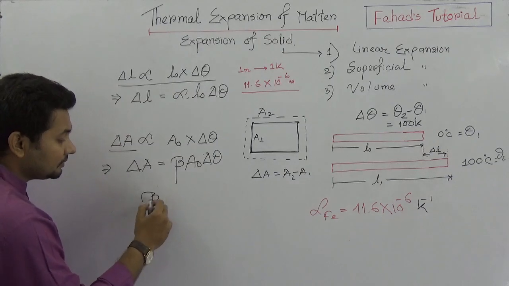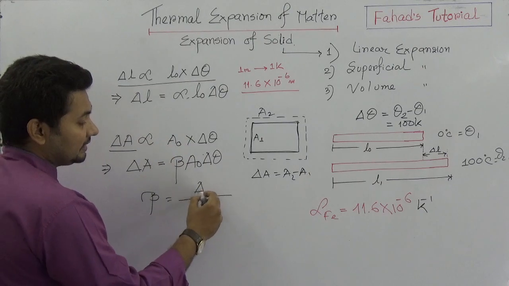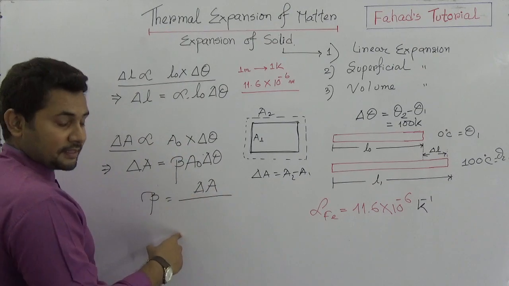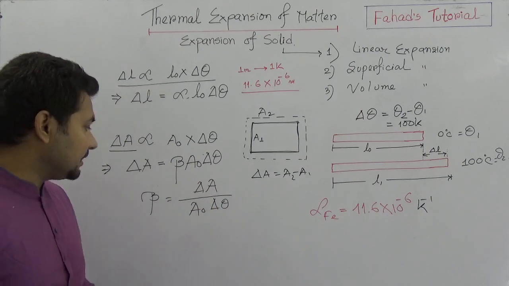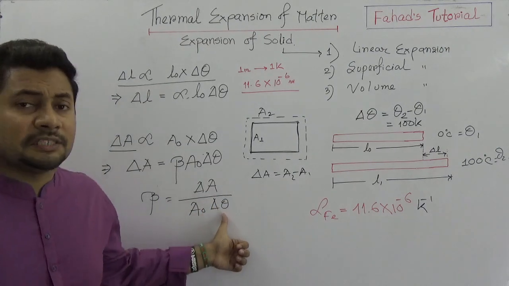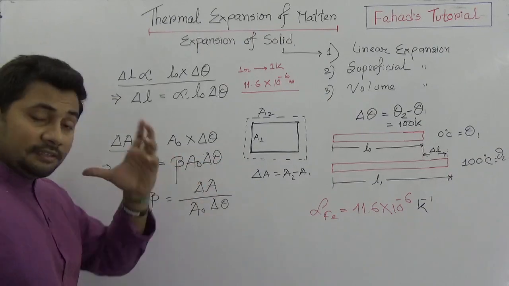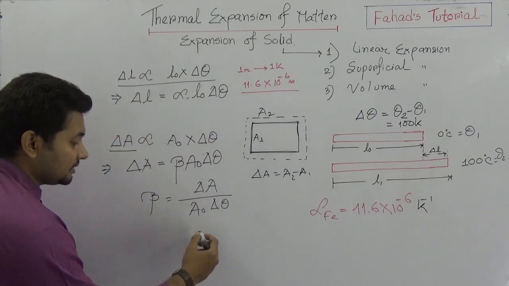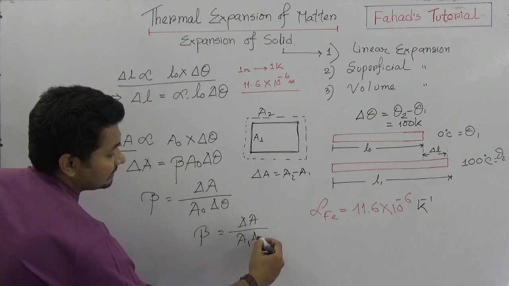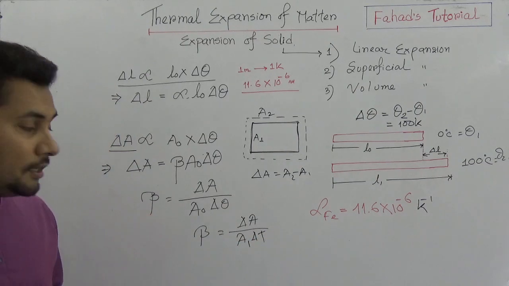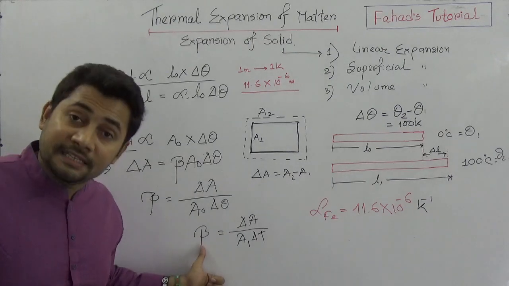The equation for beta is del A divided by A0 del theta, or A1, and if you express temperature as T, it can be del T. If you understand the concept, the notation doesn't matter. So what is the definition of the coefficient of area expansion?